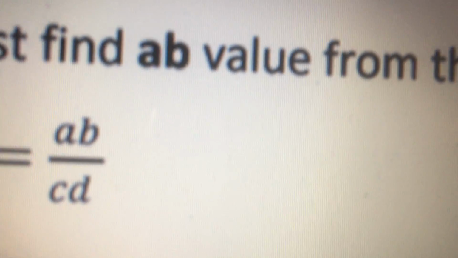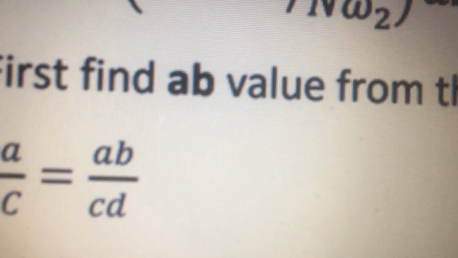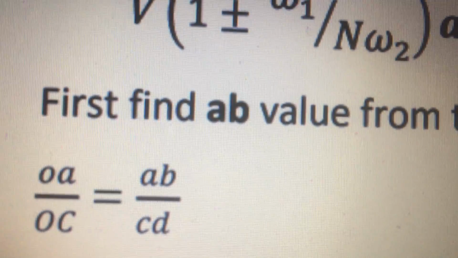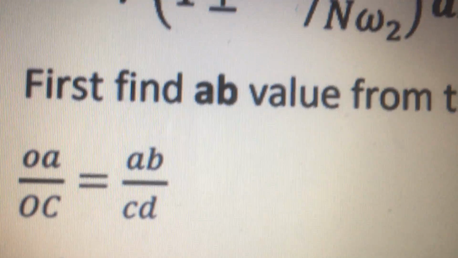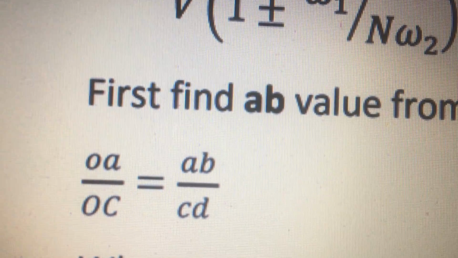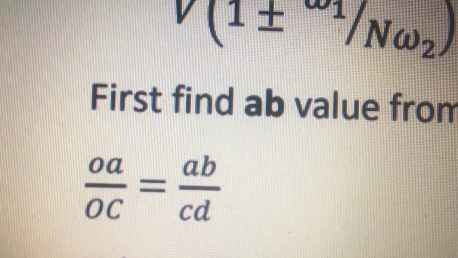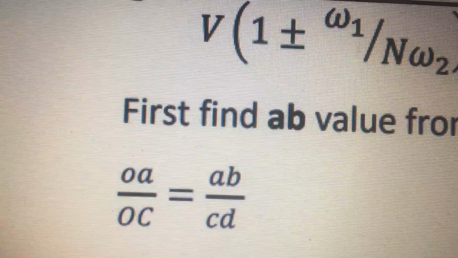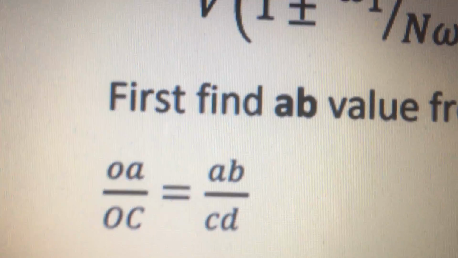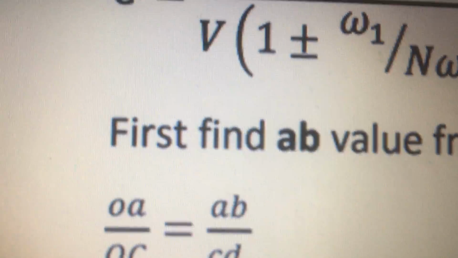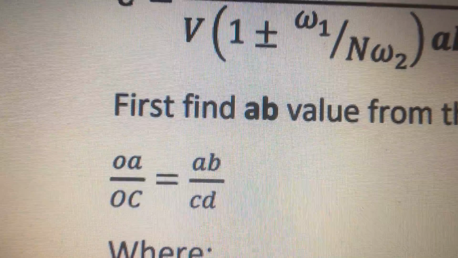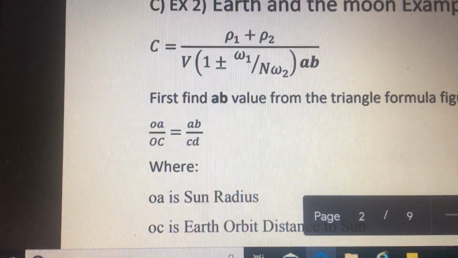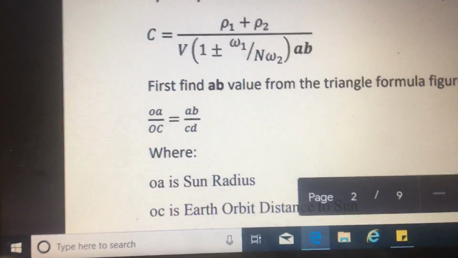We know CD, the sum of the diameters of the Earth and the Moon. We know OC, the distance between the center of the sun and the center of the Earth. We plug the numbers in, and we get how much AB is.